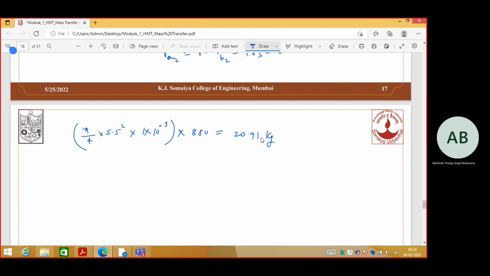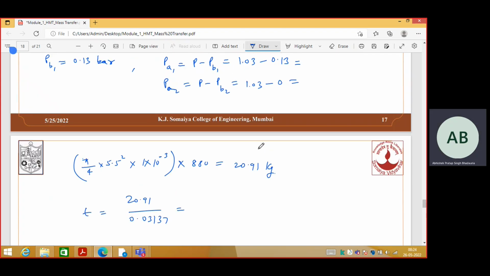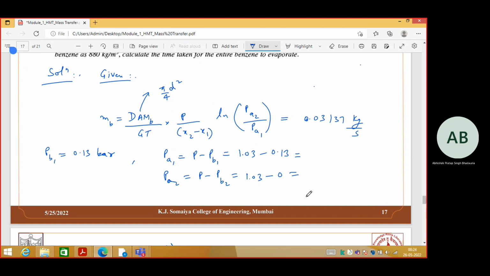Now the time taken will be equal to this mass, 20.91, divided by the 0.03137 that we calculated here.